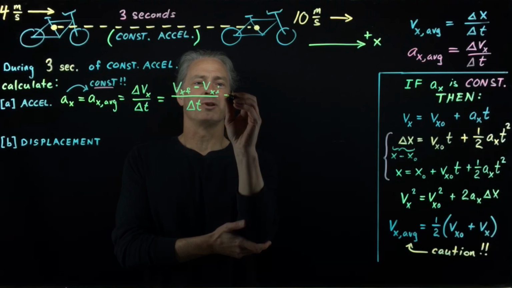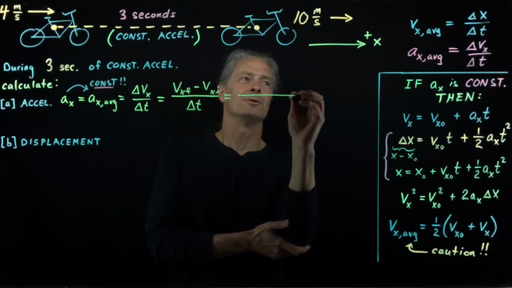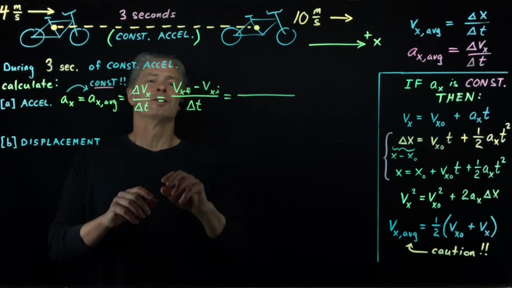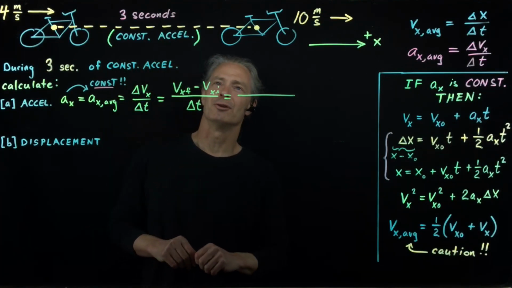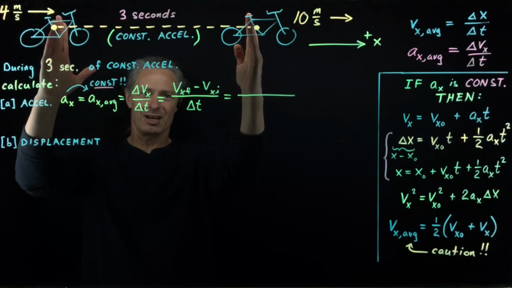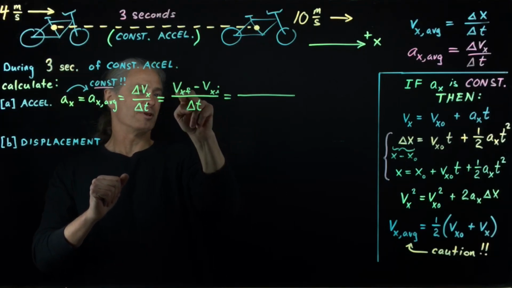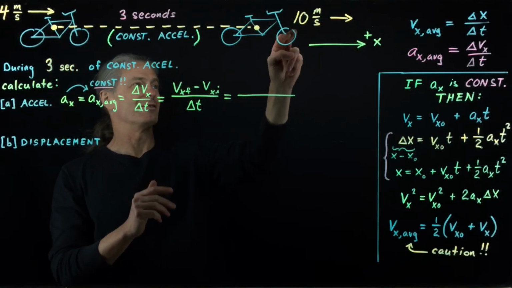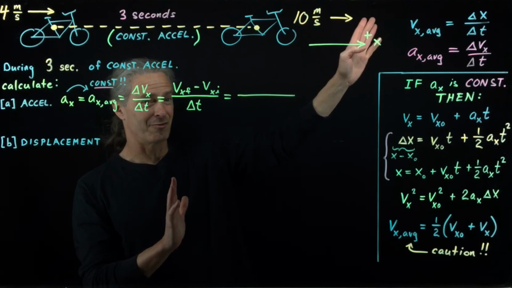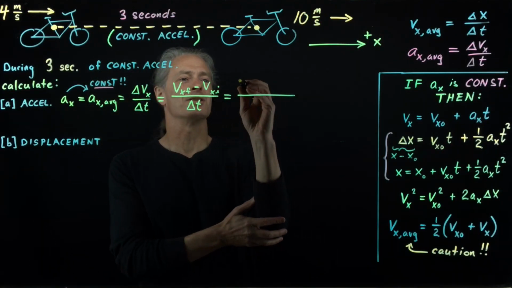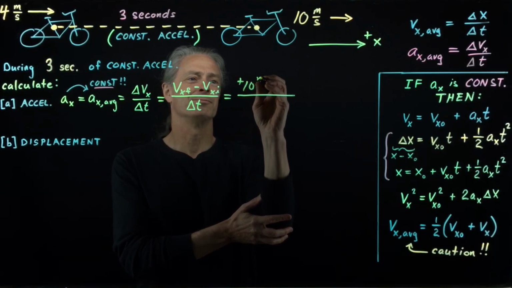All right, so let's plug in now using our coordinate system information. Final and initial correspond to the end and beginning of this 3-second time interval. So the x component of the velocity at the end of this 3-second time interval is 10 meters per second to the right. In this coordinate system, that would go in as positive 10 meters per second.